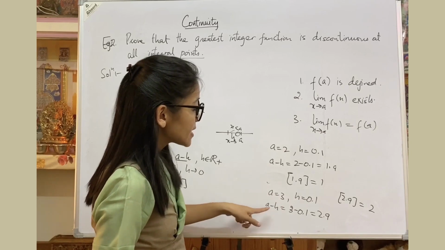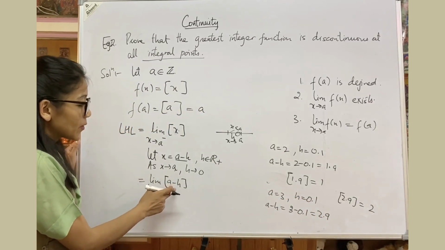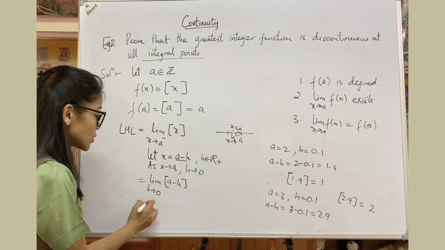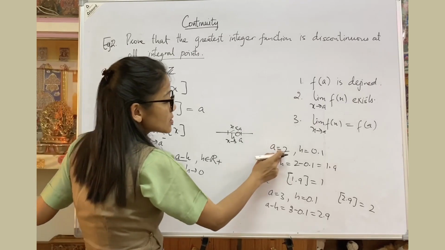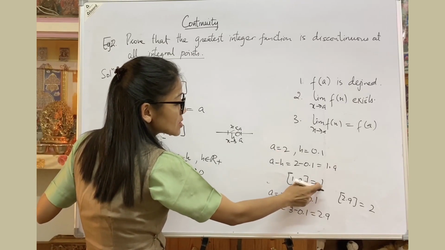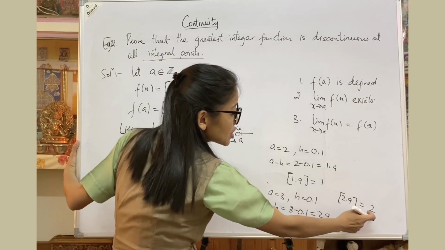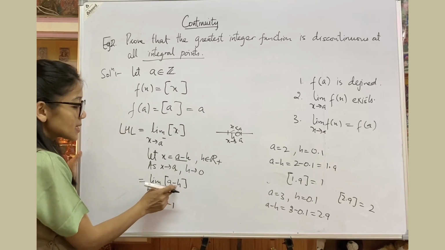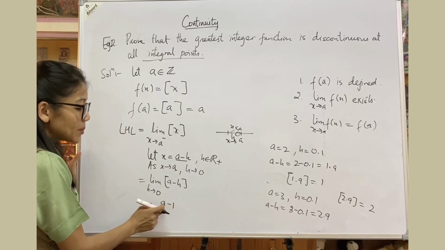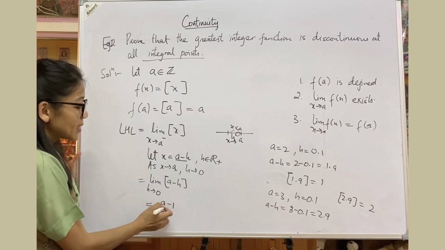So for a minus h, its image will be a minus 1, 1 less than a. When a is 2, the image is 1, which is 1 less than 2. When a is 3, the image is 2, which is 1 less than 3. So the left hand limit is a minus 1.